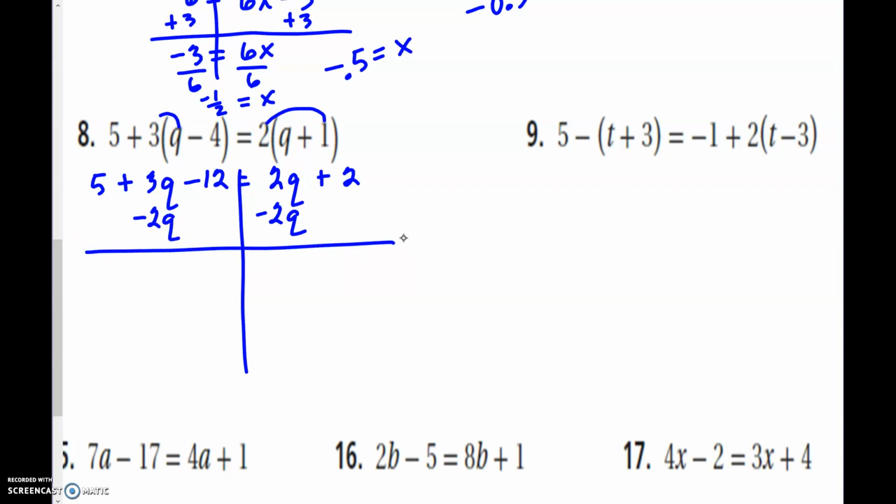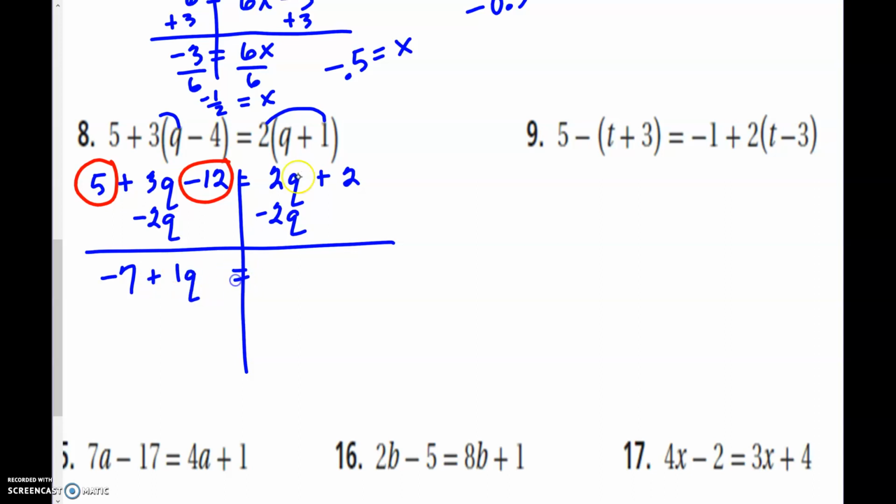All right, now at the same time here, I'm kind of noticing something that's happening here. I have a 5 and I have a negative 12. Those are just plain old numbers, and they're on the same side of the equal sign. And because they're on the same side of the equal sign, I can take 5 minus 12 is a negative 7, and then 3q minus 2q ends up with 1q.